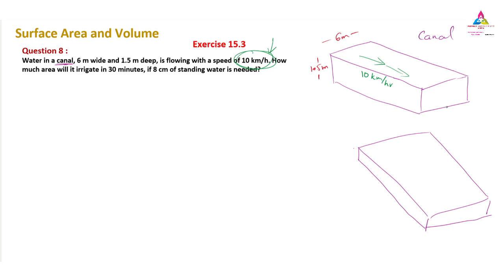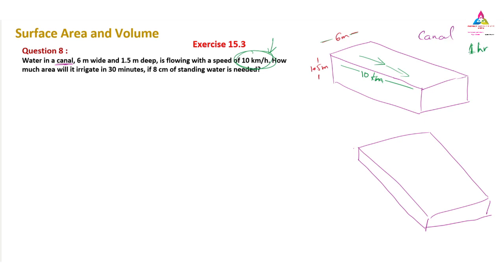So we will consider that water is stored in that place, in the canal of 6 meter wide and 1.5 meter deep, and the water is stored for 1 hour, which means it will be 10 km. I will write it down. For 1 hour it will be 10 km of water stored, meaning 10 km in length. So I can take the length as 10 km. I have written 10 km per hour, and the 1 hour I have written outside, that is for your understanding purpose.